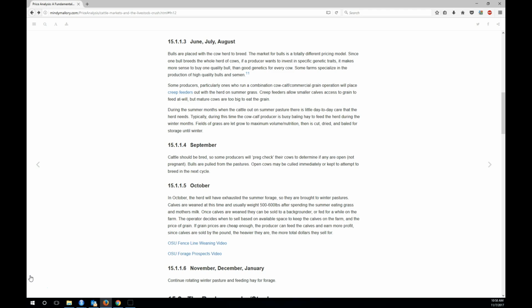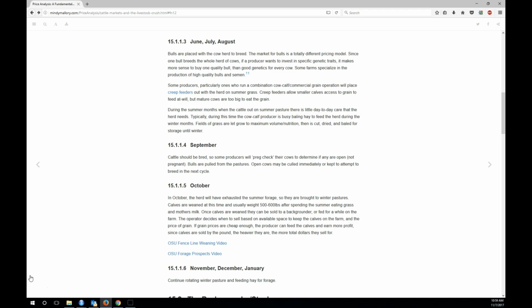Now, of course, the whole business is the cows are supposed to get pregnant, have a baby, so that the rancher can sell the calf. And cows that are open are very expensive. So if they don't breed in one or two chances, then the rancher is going to sell them in the cattle market.